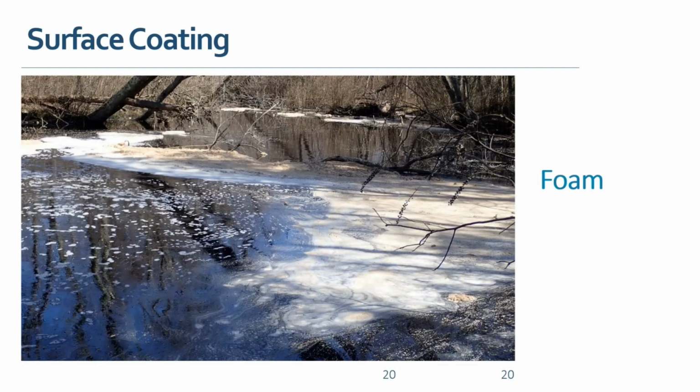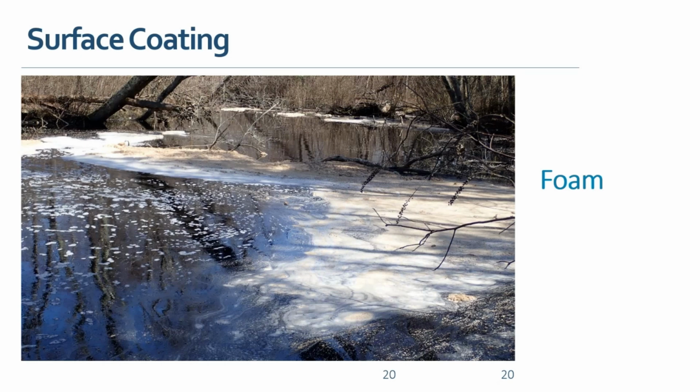Sometimes there's foam. And this again can be natural or man-made. In this case, you can see that some of the foam is looking kind of brownish. Natural foam can be from the aeration of the water along with natural plant oils creating a foam.